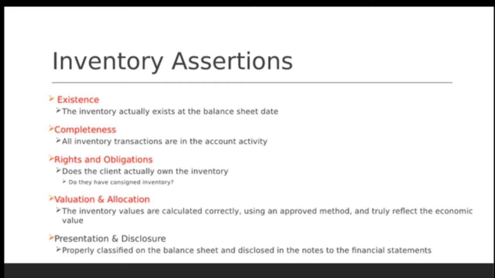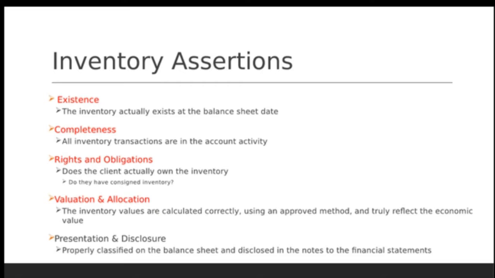Do we have consigned inventory that's out somewhere else that we need to make sure is included in all of this? The valuation method is also a very interesting topic, because on really large multinational companies, you could have several inventory methods. Smaller and medium-sized companies might have one main method, and we'll talk about some of those inventory methods in a little bit.